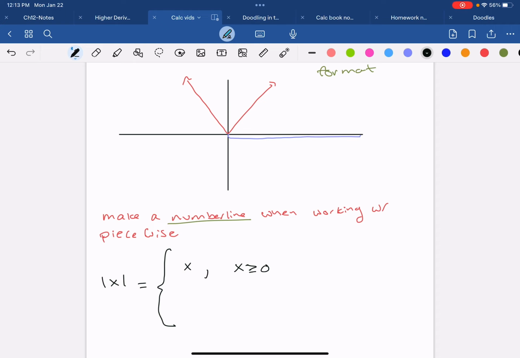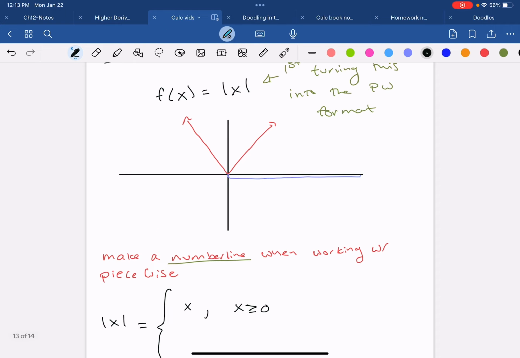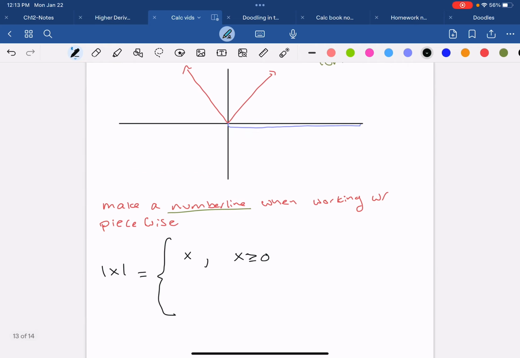The y value that you're going to get out of it is also going to be positive. And then when you're plugging in a negative number, you're plugging in something that is less than 0. So 0 is bigger than whatever that number is. So we're going to talk about numbers in the negative direction.